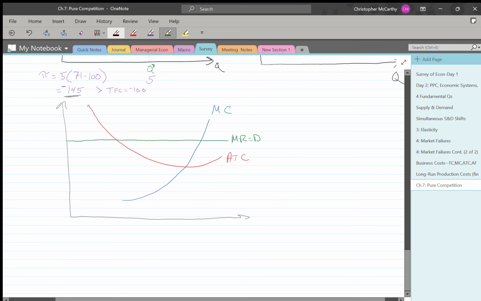So if this is the situation that I find myself in, and I'm Tina's wheat, I have abnormally large economic profits to the tune of whatever this area of this rectangle is, right?